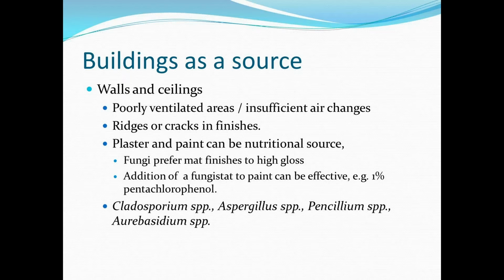Incidentally, some research suggests that fungi can grow more readily in matte finishes than in high gloss finishes. An alternative is to add a fungicide to a paint, or use a paint formulated with a fungistatic material. There are paints that can be purchased that contain, say, 1% pentachlorophenol.